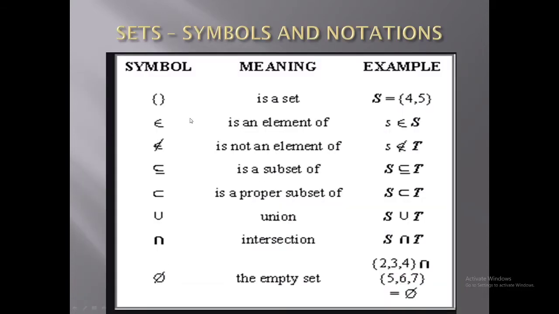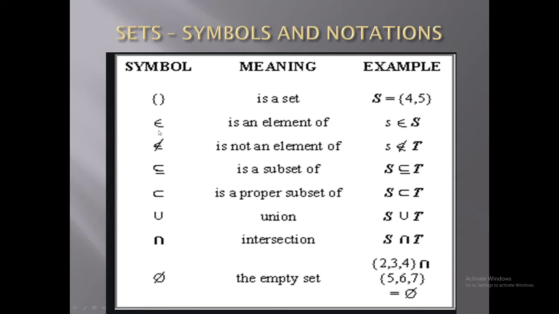This one is very important because in this chapter we are using a lot of symbols which we didn't know before. Let me explain this. This one is a bracket. Always we will represent the members of the set inside the bracket. So this is an empty bracket, that is a set, and we will represent the elements of the set within the bracket.